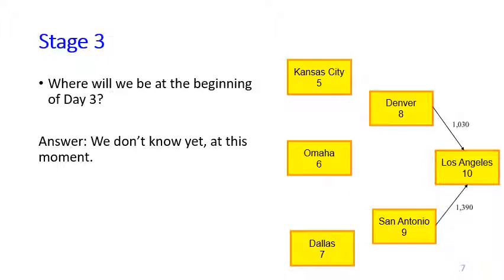We only get the answer after we reach the beginning of the actual problem, where we start at New York City. At this point, because we start from the end and have only reached stage 3, we do not have this answer yet.